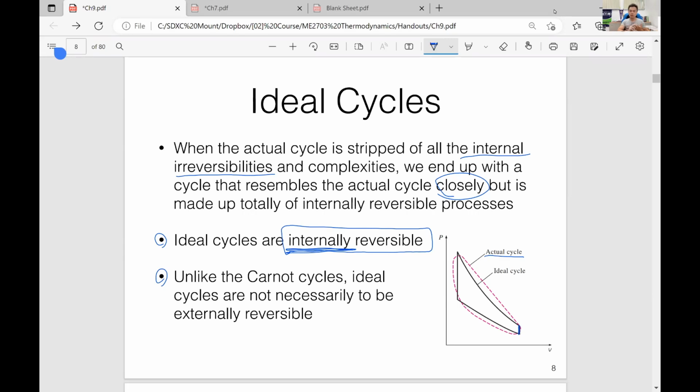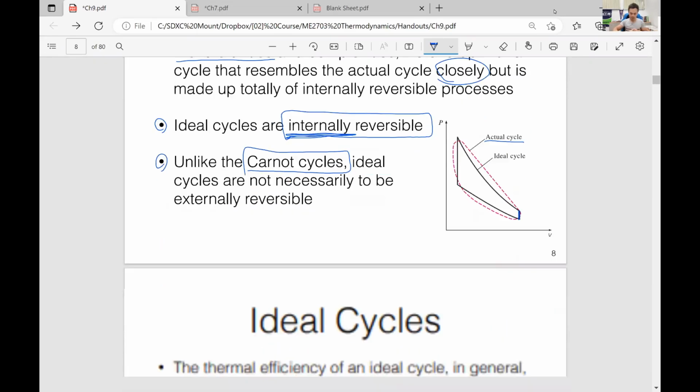The Carnot cycle has two isothermal processes and two adiabatic processes, with compression and expansion. So the Carnot cycle is still the best. And Carnot cycles are totally reversible. Totally reversible means the process is internally reversible and also externally reversible. Together it's totally reversible.